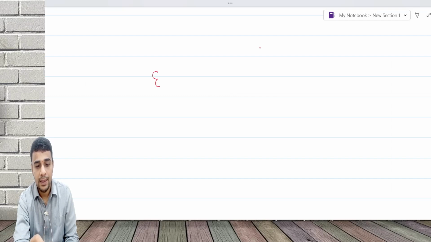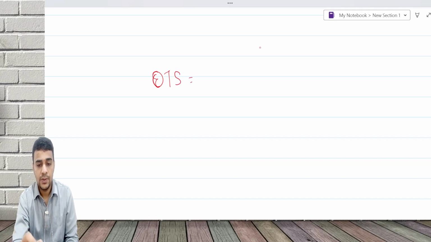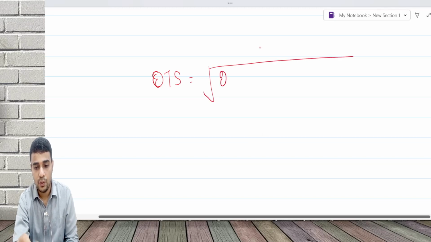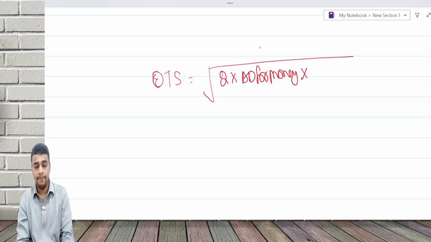Economic order quantity we say, here I'll call it optimal transaction size. Optimal transaction size is equal to square root of 2 into annual demand for money.